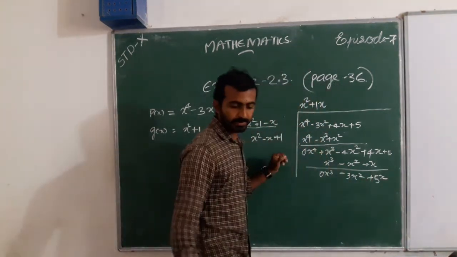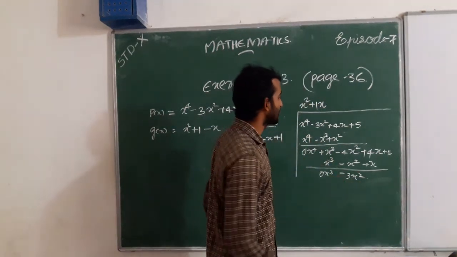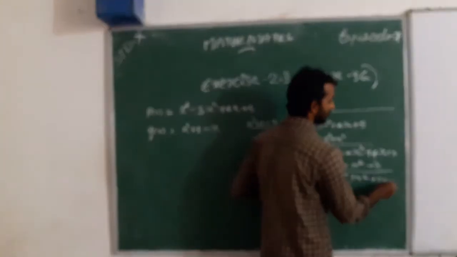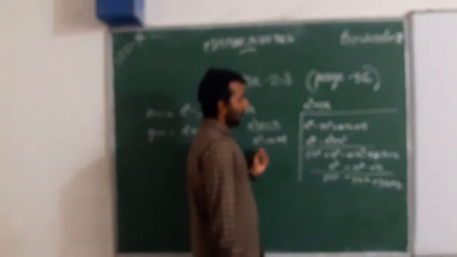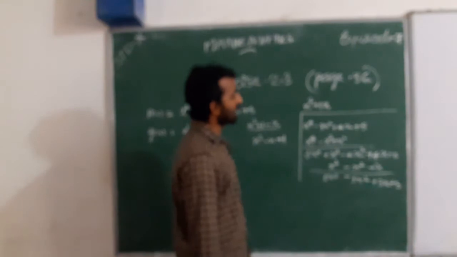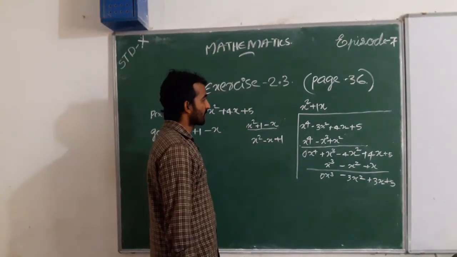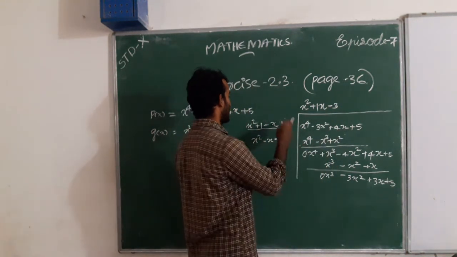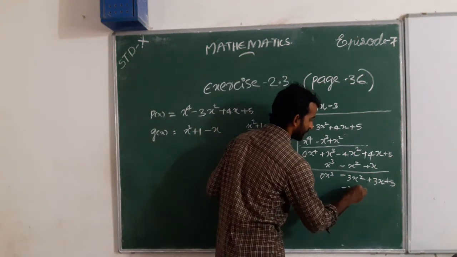Here we didn't get plus 5x; that is 4x minus x, we get plus 3x, and we get plus 5. That is, we get minus 3x square plus 3x plus 5. We want to get minus 3x square, that is minus 3 into x square.